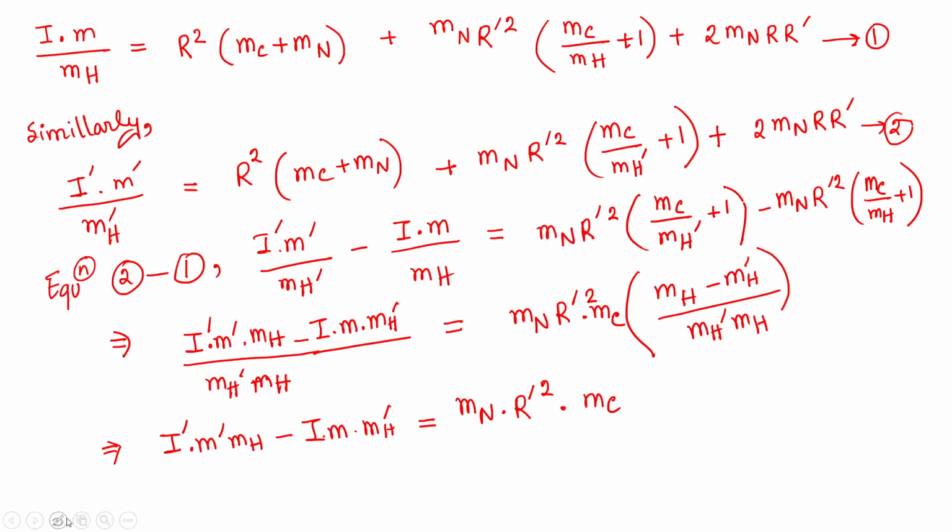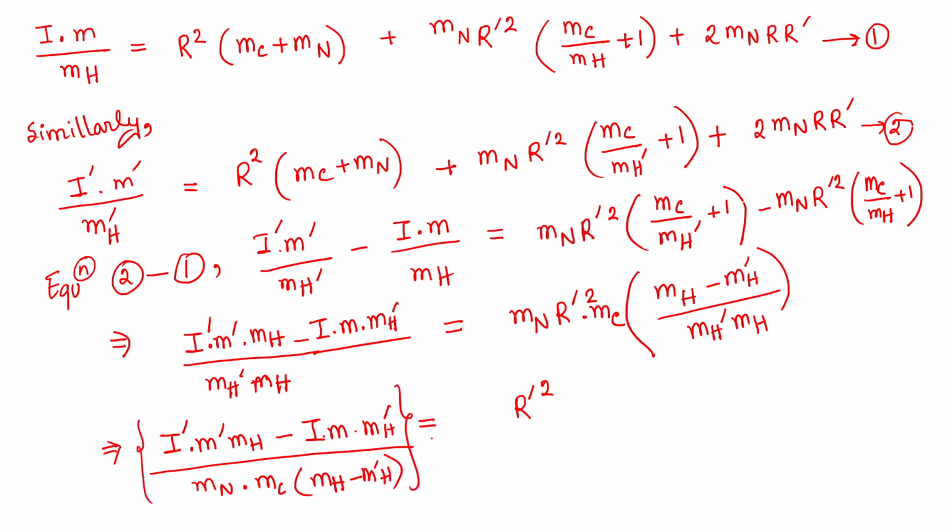Acha, let me do it like that, that I will write it in terms of R dash. So if R dash is this side, I have Mn MC multiplied by MH minus M dash H. And if I take a square root of this side, then I am getting R dash.